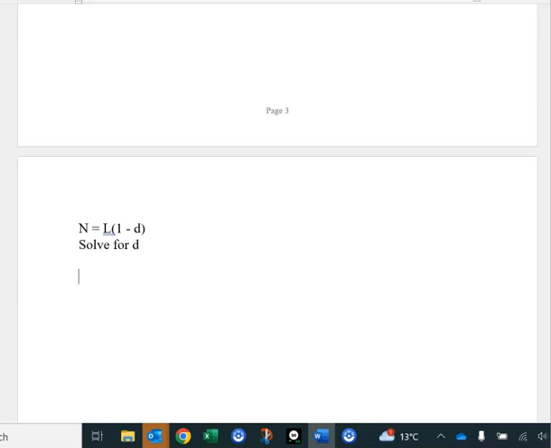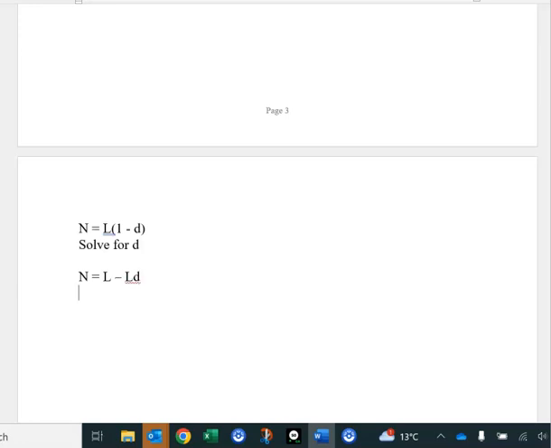So what we want to do is, let's get rid of those brackets. So the way we get rid of the brackets is multiply everything in the brackets by L, okay? Because it's L multiplied by 1 minus d. So L multiplied by 1 is L. L multiplied by d is Ld. Okay.